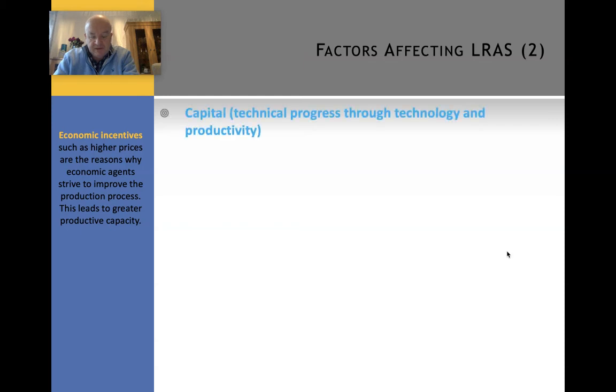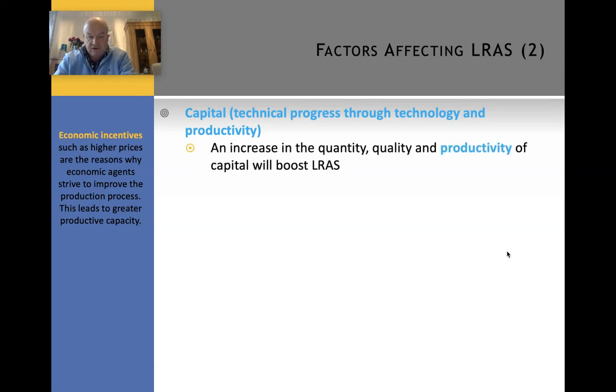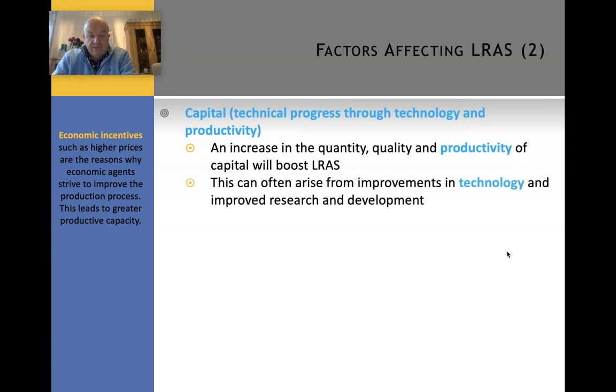Let's take a look at the next one then, capital and technical progress through technology and productivity. If we can improve the quantity and quality of capital, that's going to improve the level of productivity, and that again is going to boost long run aggregate supply. More often than not, it's likely to be technology that improves that process.